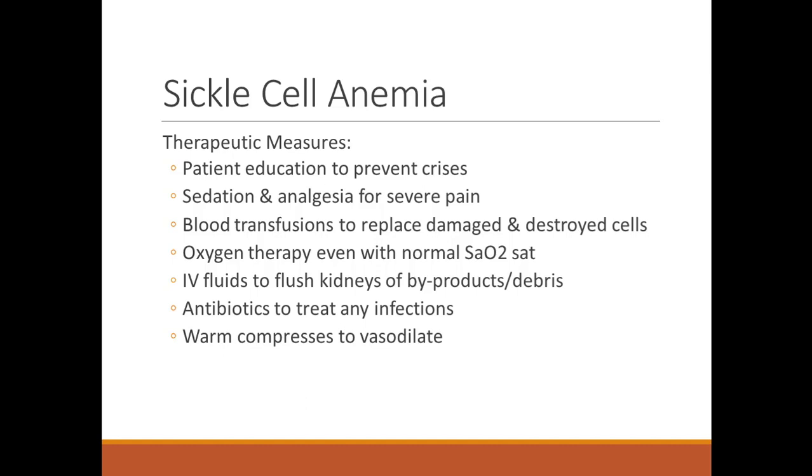They're going to be on IV fluids because we need to flush those kidneys and get all that stuff that's clogging them up. We need to get that flushed out. They're going to be on antibiotics if there's any possibility of infections, and warm compresses to dilate those veins to try and make it easier for those abnormally shaped red blood cells to flow through the vascular system.